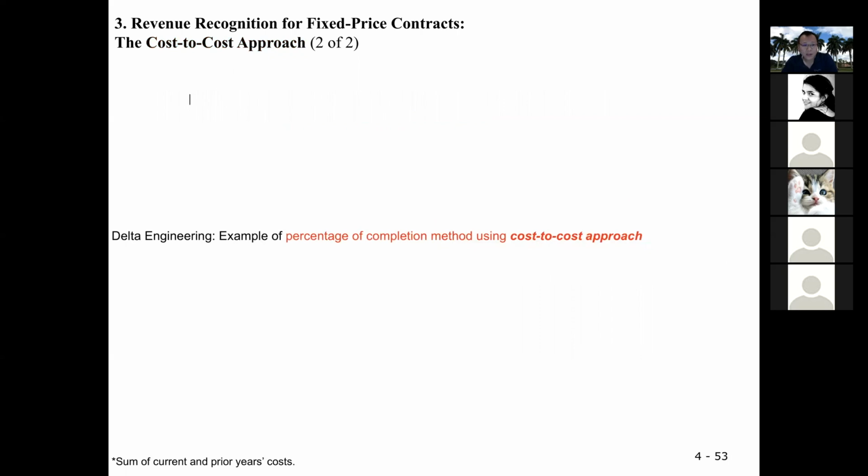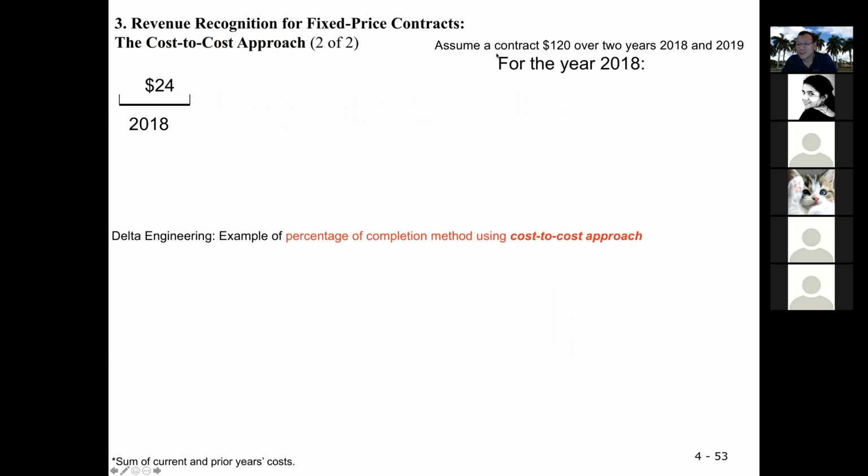So let's see one example. Assume a contract of $120 over two years, 2018 and 2019. Now let's talk about the year ended 2018. In this graph, I spent some time thinking about how to make it.